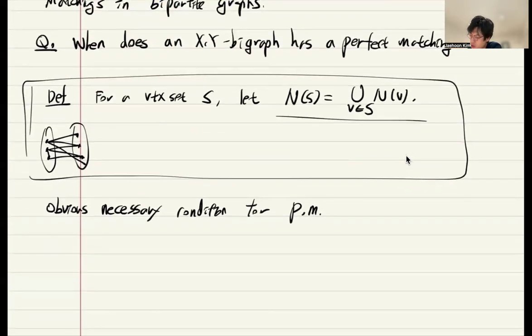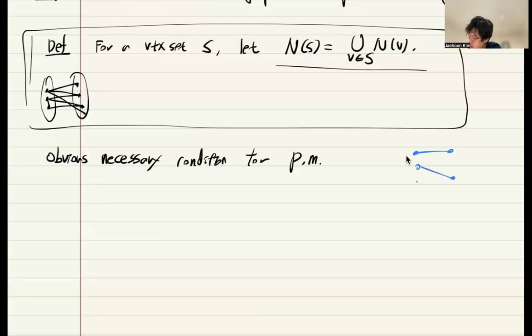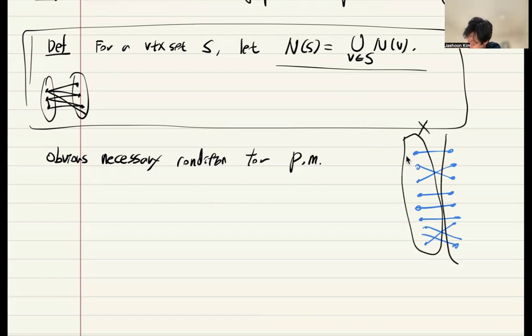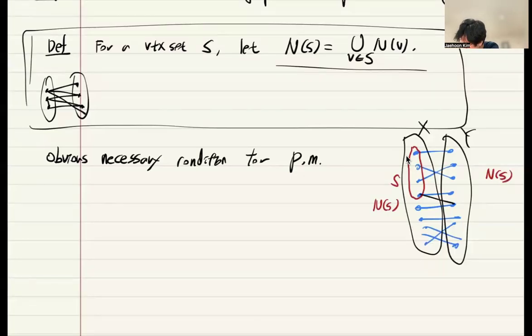So if you have this perfect matching, in here, let's say this is X, this is Y, and no matter what S we take, which is a subset of X, neighborhood of S. So there could be other edges which are not part of this perfect matching.